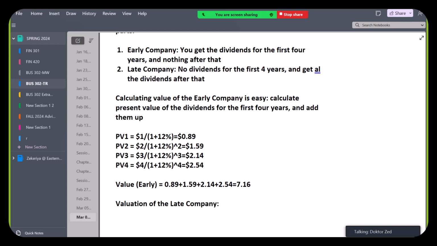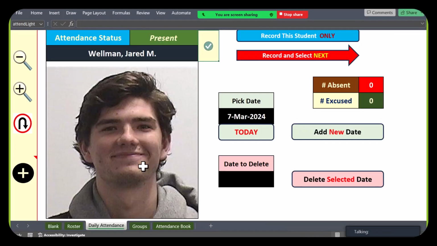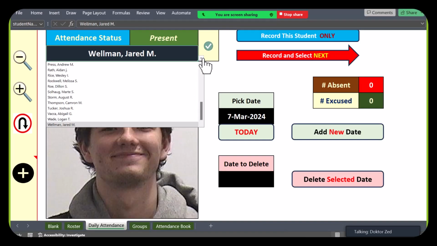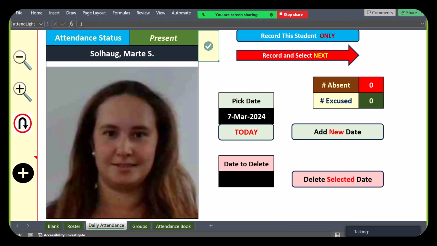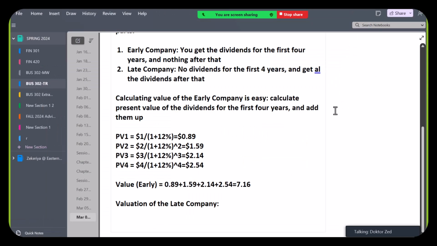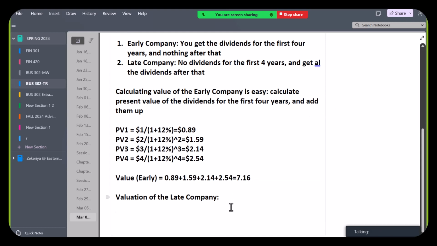It does look like this is a company with constant dividend growth, but that growth does not start until 4 years from now. So we're going to do a little bit of time traveling. Value of late now.